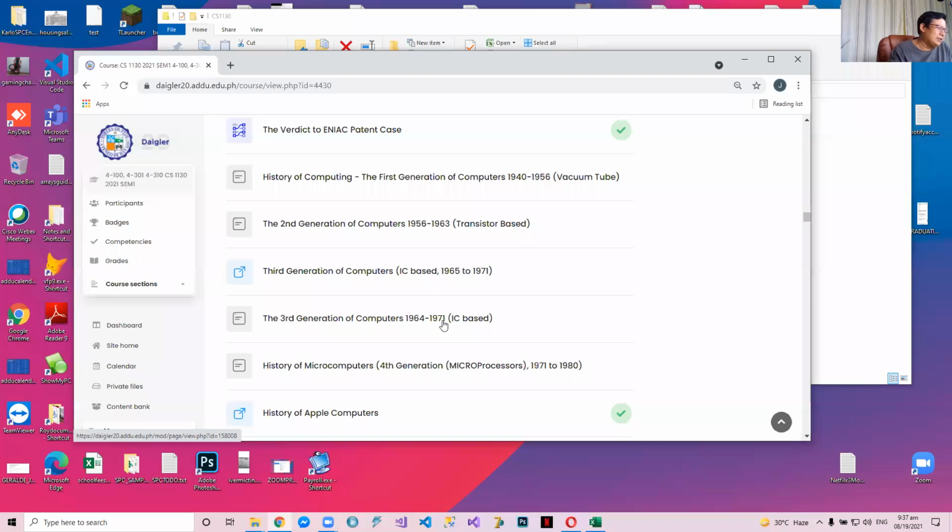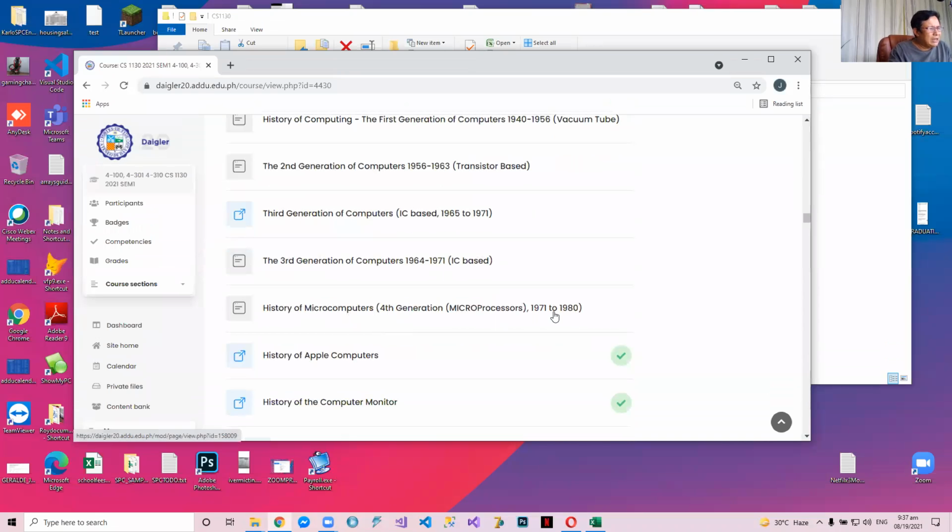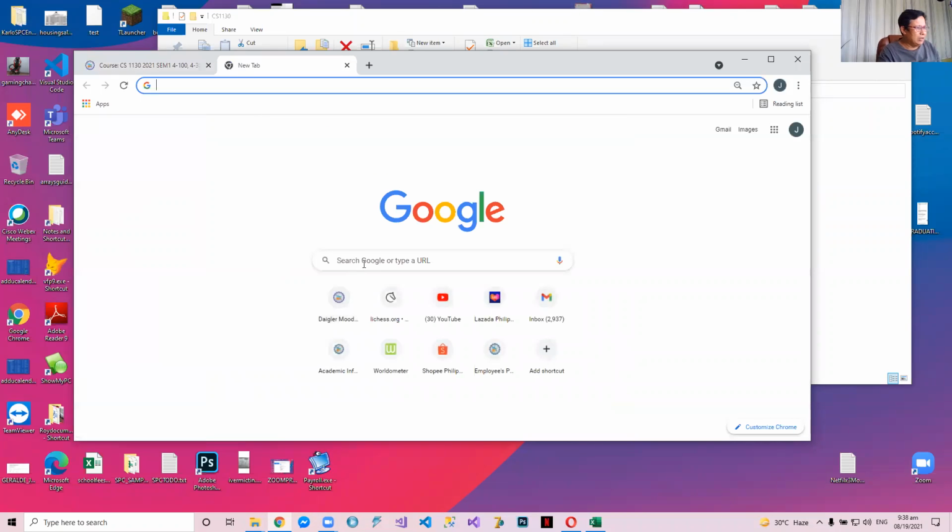Actually, others were saying it's a, okay, third generation. No, that's correct. No, 1964 to 1971. It's still the same. No? And then by 1971, no, because in 1973, the first microcomputer was introduced. It's the Zilog Z80.